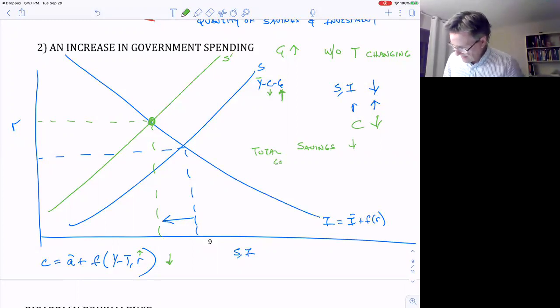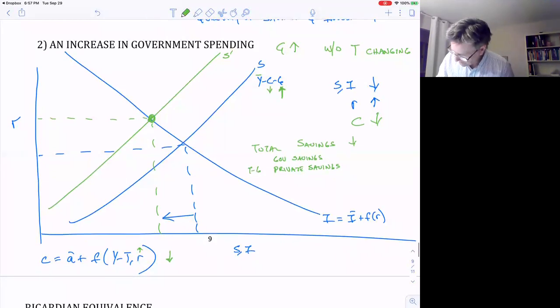So we have government savings and we have private savings. Are they going to do something different? Well, government savings is T minus G, defined that way. So if G goes up, that means that the government savings goes down. So this part goes down.